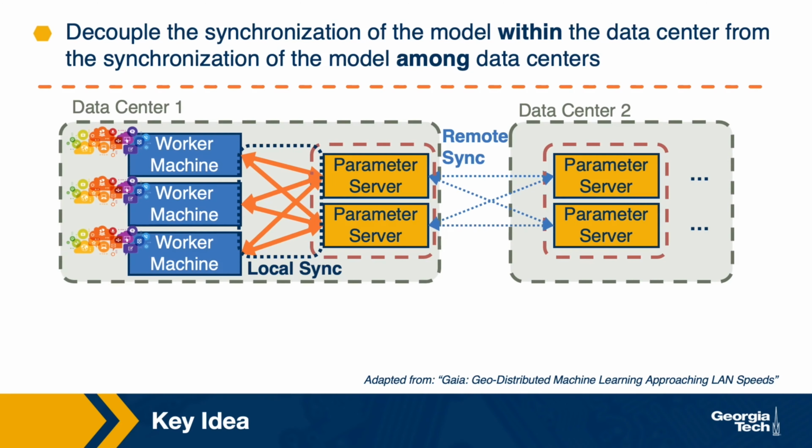What that means is that within a data center, the workers and the parameter servers will interact in the same way as before and will synchronize regularly. However, across data centers, parameter servers will be out of sync and they will synchronize only infrequently to perform some periodic sync operations.